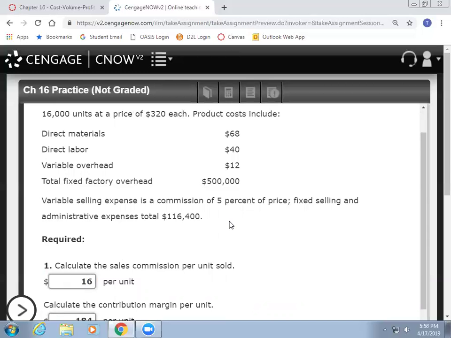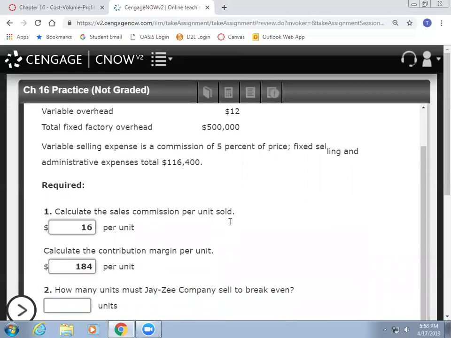So you should have total fixed costs of 616,400. And you would just divide that by 184, our contribution margin per unit. Makes sense, right? Because contribution margin is already taking out all the variable costs. So now we just have to cover the fixed costs.